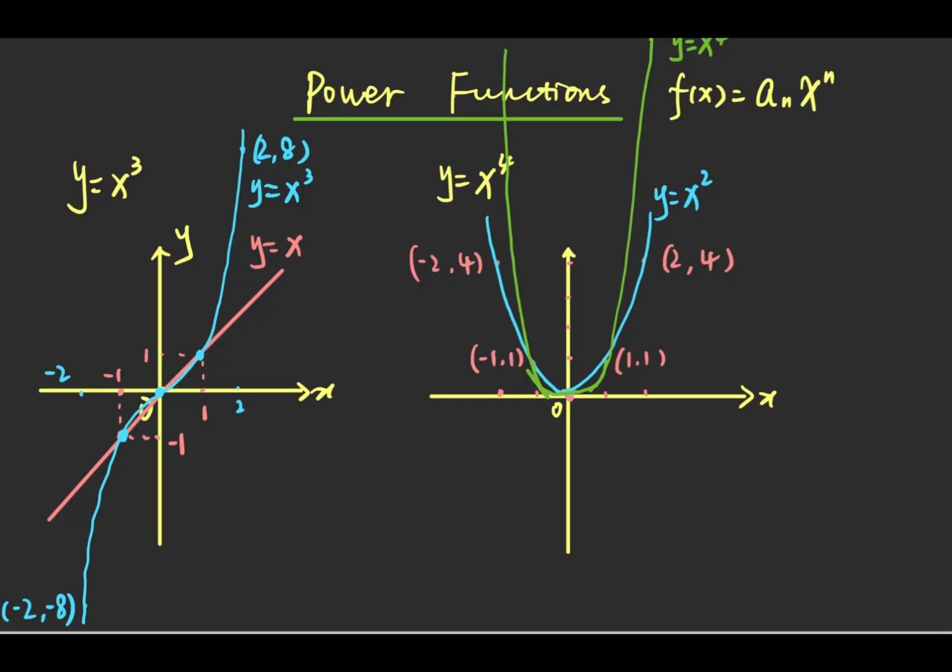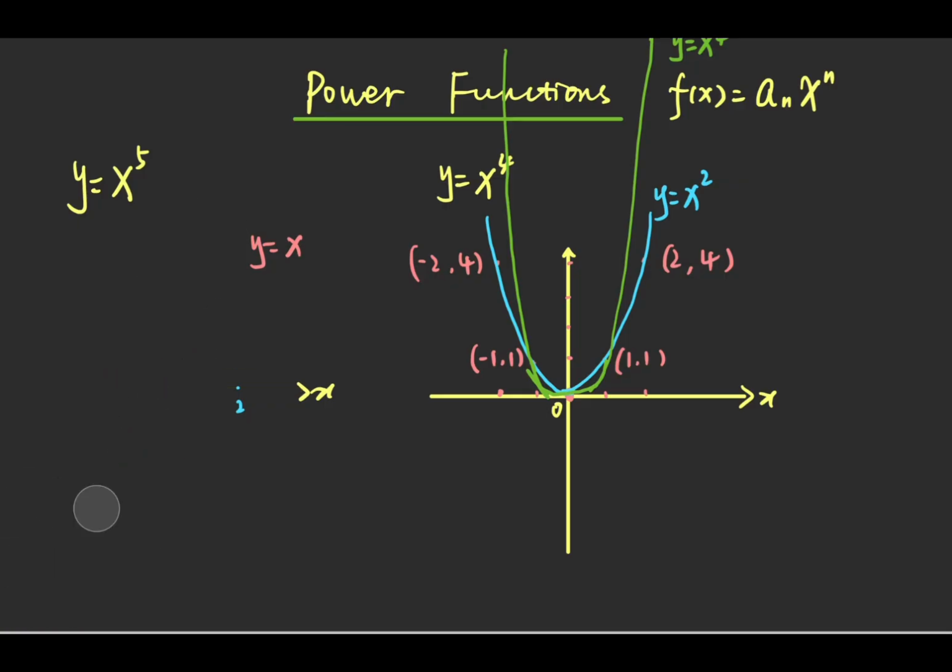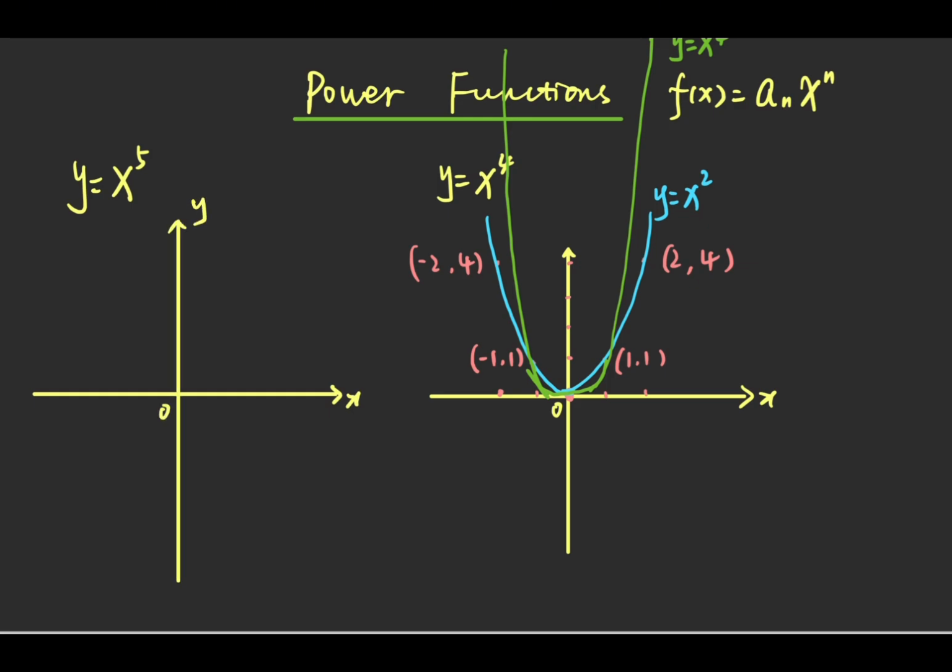Next, x raised to 5 in the same Cartesian plane. We can get the graph here: 1, 1. If x equals 2, the y-coordinate should be 32.